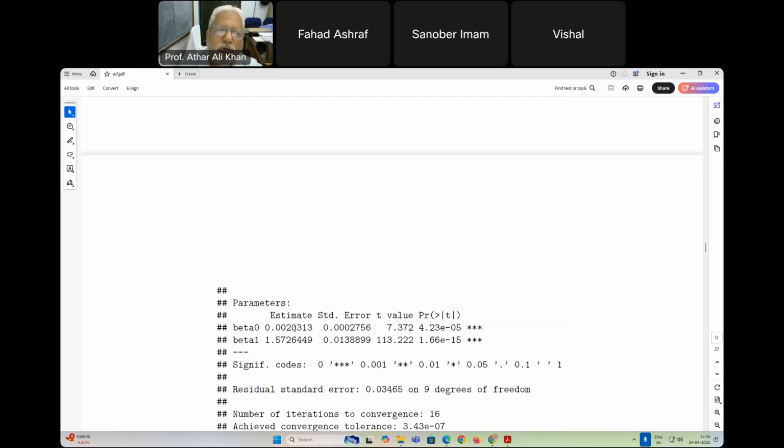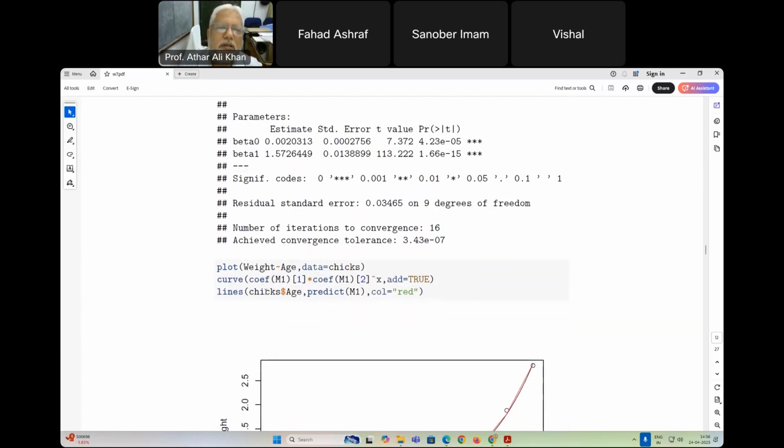And this is the t value. Divide this by this, it is the t value. Divide this by this, it is the t value. And this t value shows that they are statistically significant because the p value is much less than 0.05. It is 4.23 times 10 raised to the power minus 5, and 1.66 times 10 raised to the power minus 5.